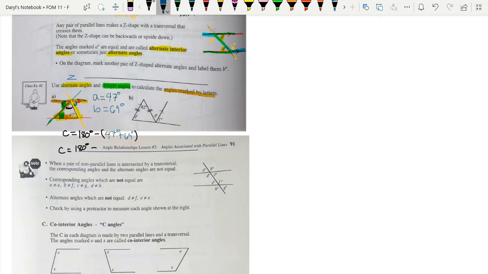So if you take the sum of A and B, that would be 116 degrees, so C would just give you a value of 64 degrees.